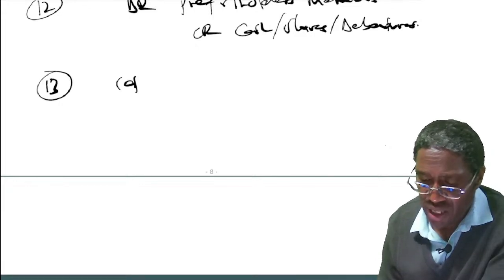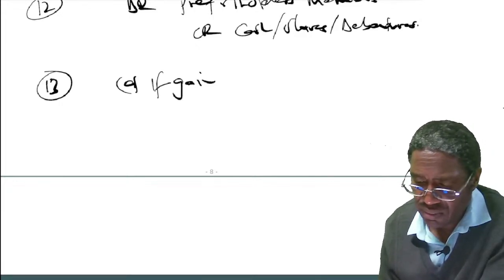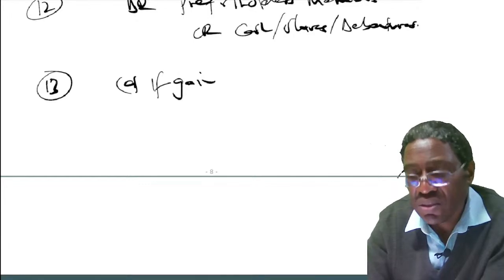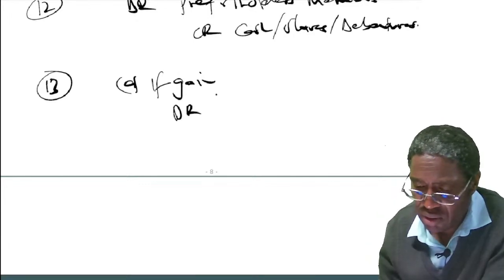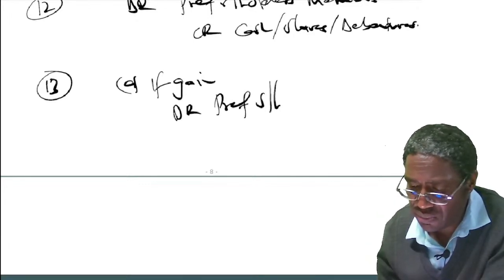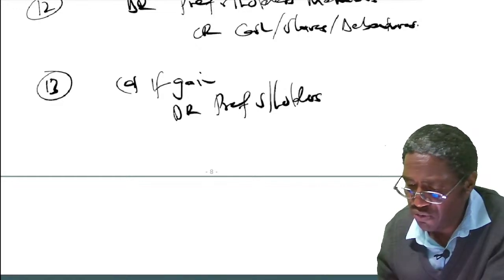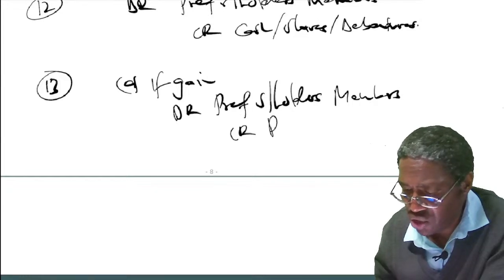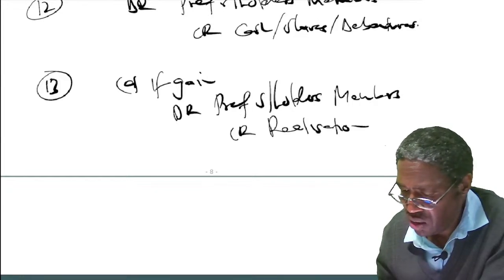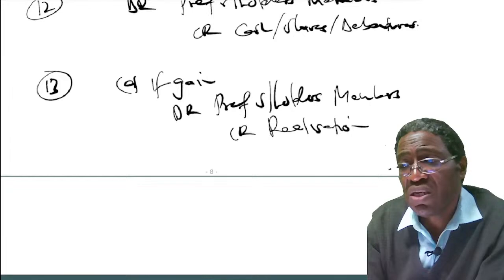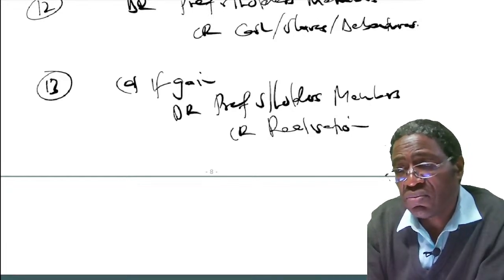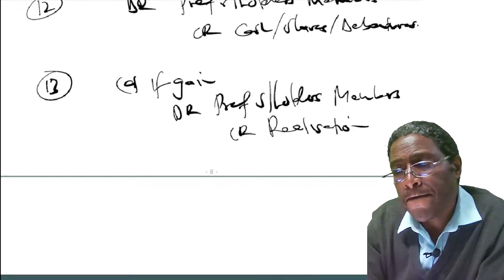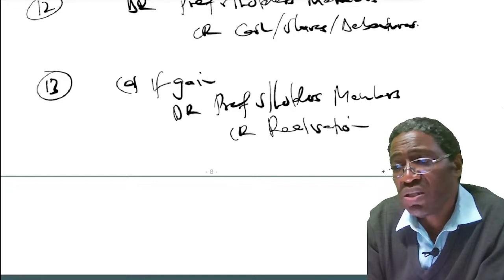Then you say A, if gain, debit preference shareholders members, credit realization.